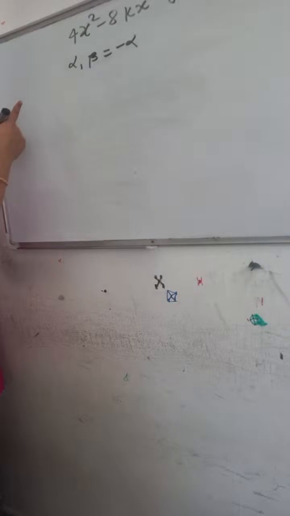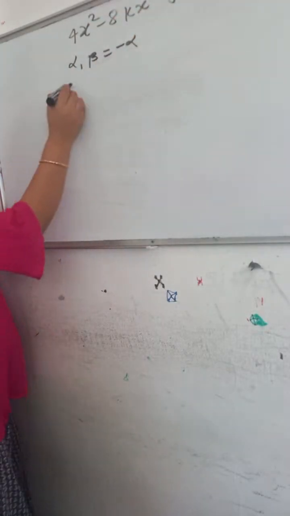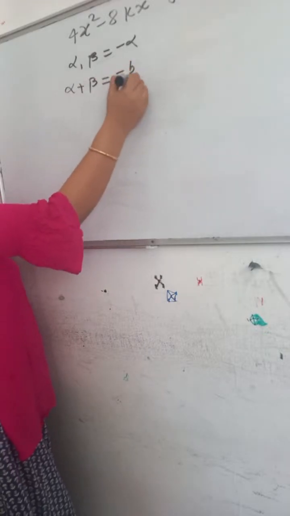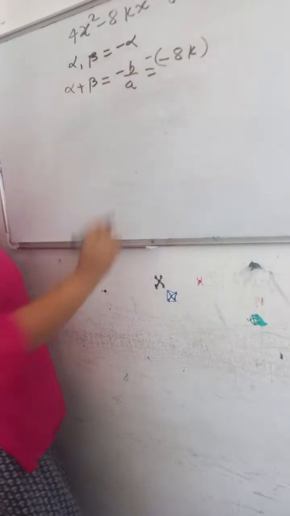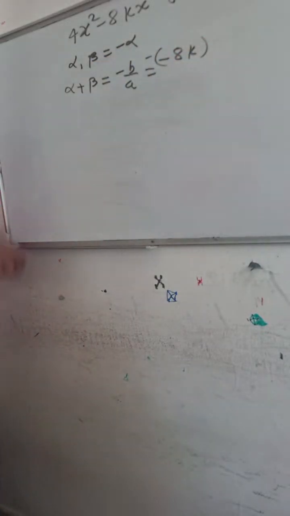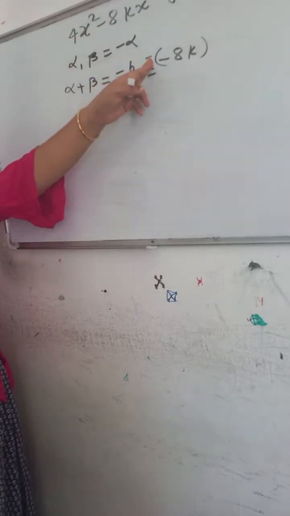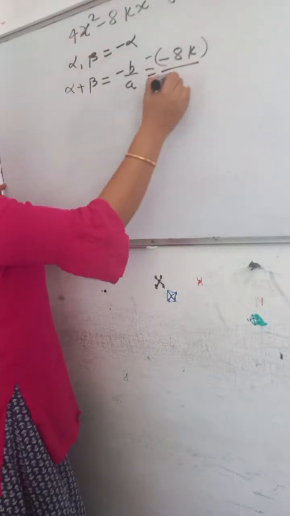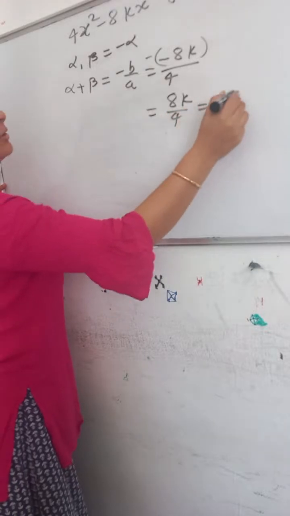They are asking us to find the value of k. So alpha plus beta is nothing but minus b by a, and b here is minus 8k, so minus of minus 8k, and a is 4. So we can write 8k by 4, that is twice k.